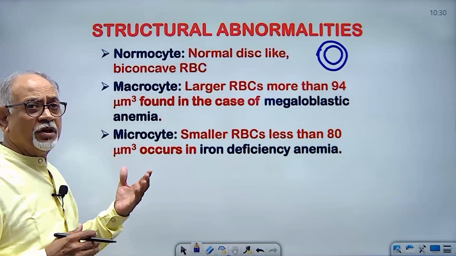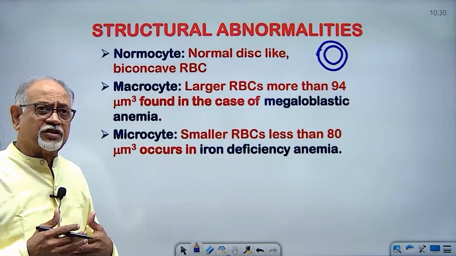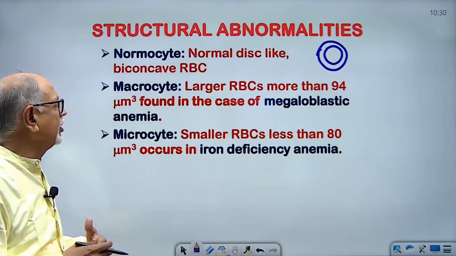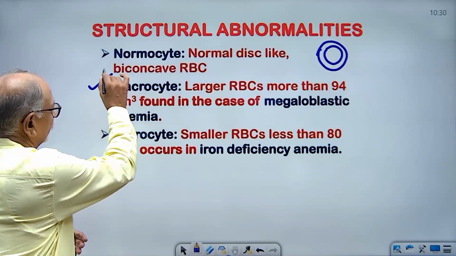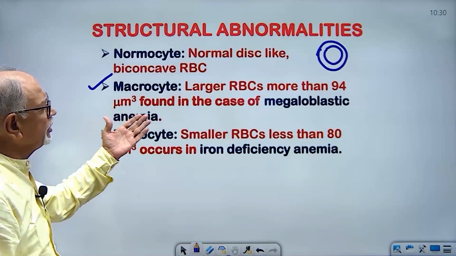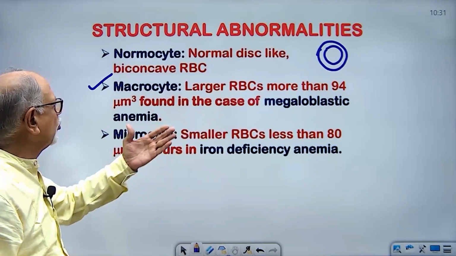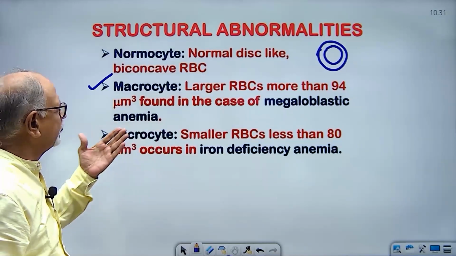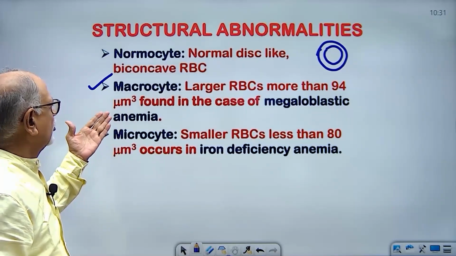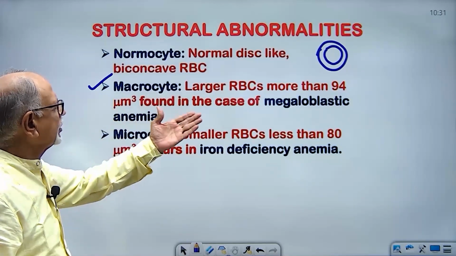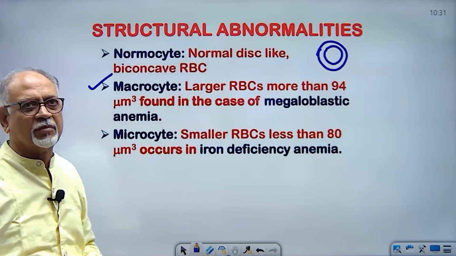But there are variations. There are abnormal variations in the shape of RBC, like one is macrocyte. That means the RBCs are larger, that is more than 94 cubic micrometer. They are found in the case of megaloblastic anemia.